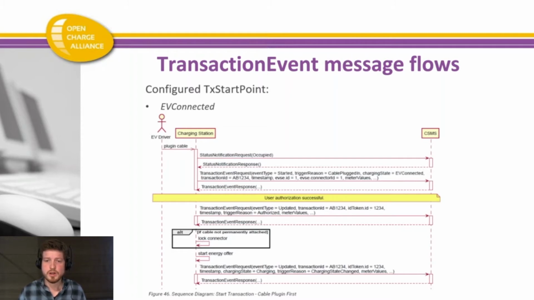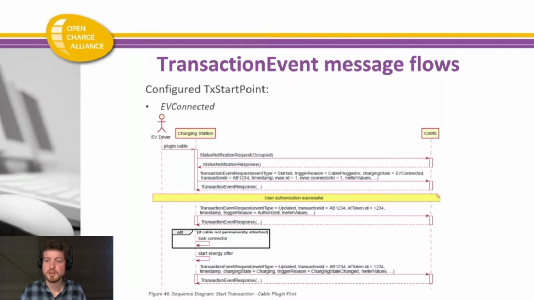Now I want to have a bit of an in-depth look at the messages being sent between the systems based on the configured start and stop points. First, I want to have a look at the start point. So for example, when EVConnected is being configured, you can see that the EV driver plugs in the cable, it reports a status notification with status occupied, and then the transaction is being started with a transaction event with event type Started.